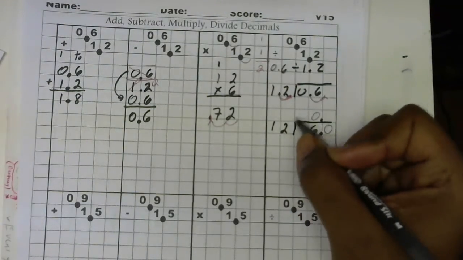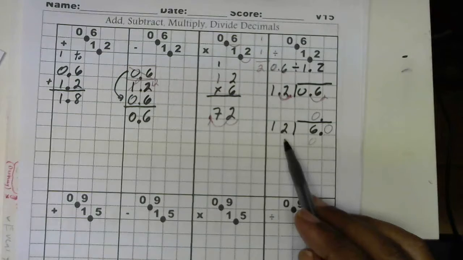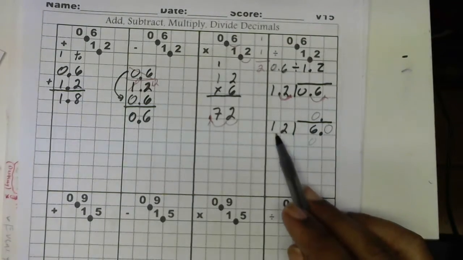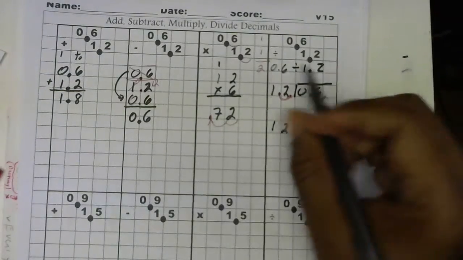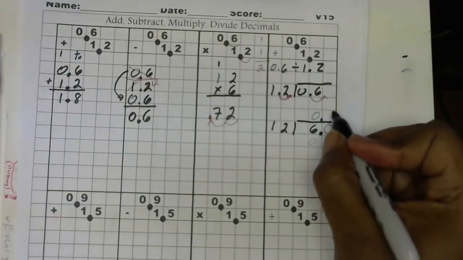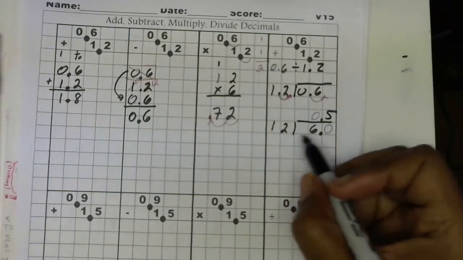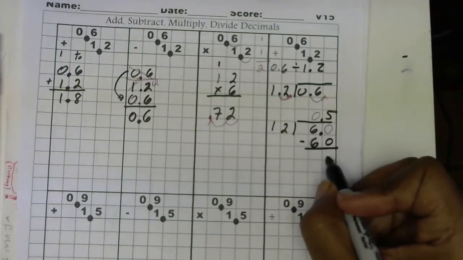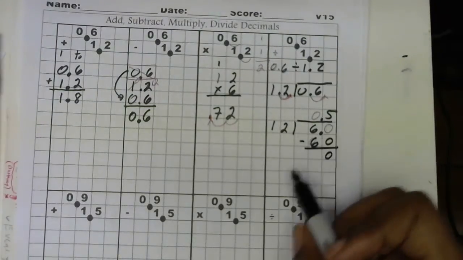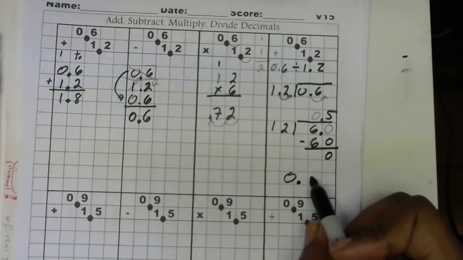When you go through the 12 timetables, the 12 timetables are 12, 24, 36, 48, 60. So 60 is in the 12 timetables. You just have to multiply by 5. So 5 times 12 will give us our 60. And we subtract, we get 0. So the final answer is 0.5.